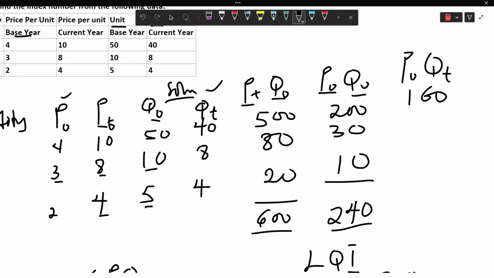We also have 3 and 8, 24. Then we have 2 and 4, 2 by 4 is giving us 8. Now we find the summation, which is 160 plus 24 plus 8, 192.